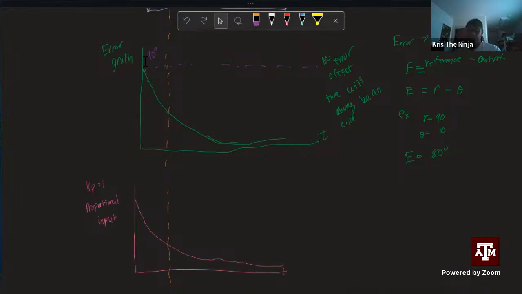So that's what the graph should look like. That's not actually how it's going to work though, unfortunately, because things never work as we expect them to work in real life.